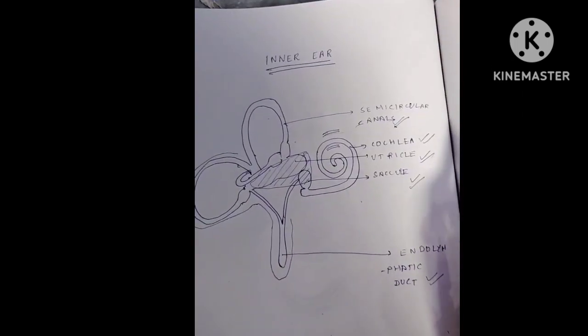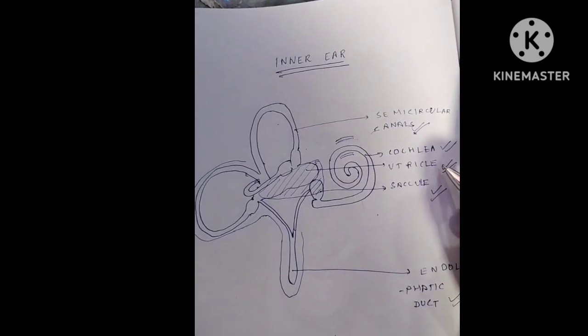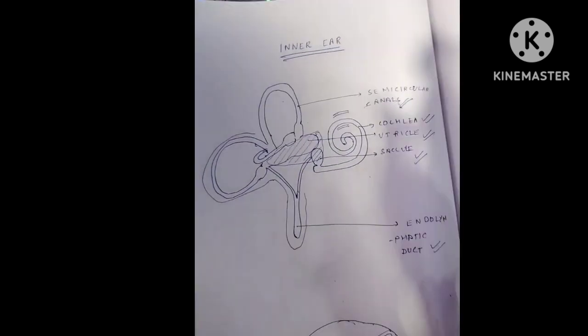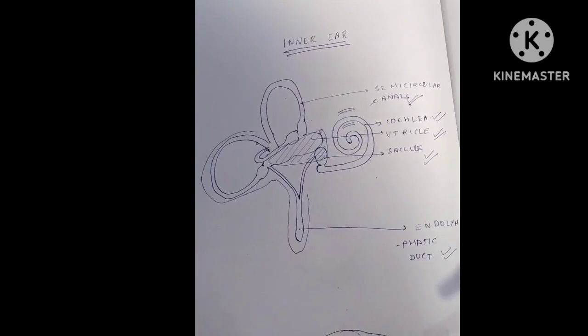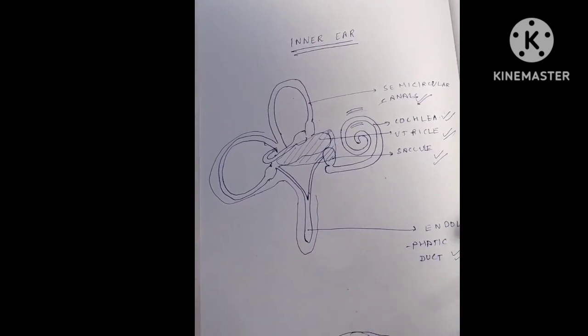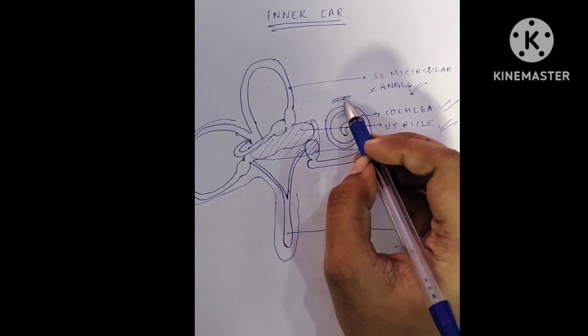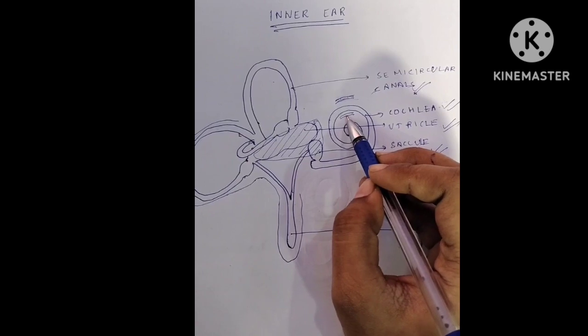The structures that form the membranous labyrinth are endolymphatic duct, saccule, utricle, cochlea, and the semicircular canal. Okay, so then surrounding this membranous labyrinth there is a perilymphatic space. So the structures of the perilymphatic space are scala tympani, which is above the membranous cochlea, and scala vestibuli, which is below the membranous part of the cochlea.